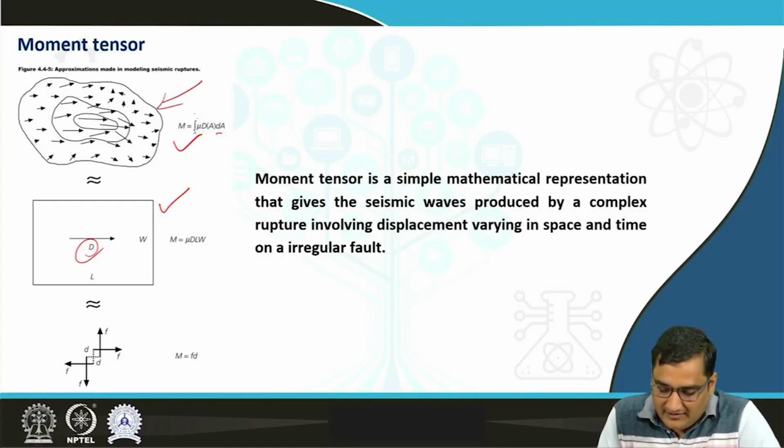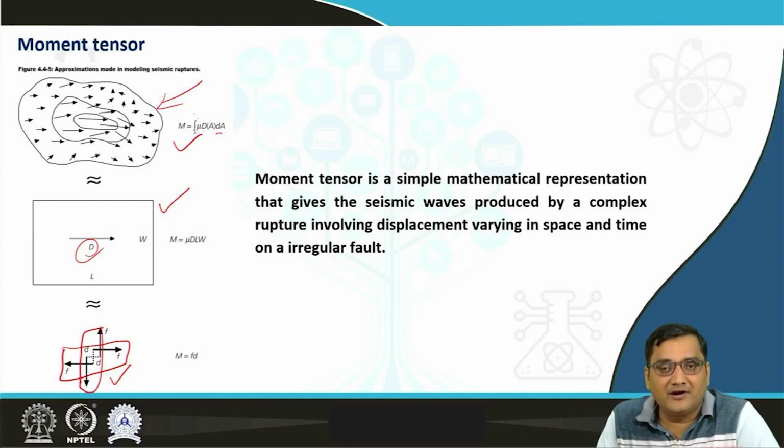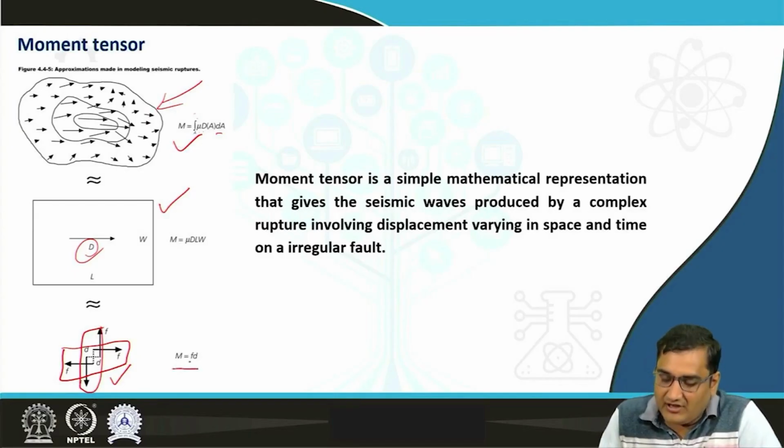Approximately we can write the force couple as something like this, or this is the double couple, where one couple is there and there is another couple like this, and these couples are d distance apart from the single force couple, and this is your M equal to Fd.